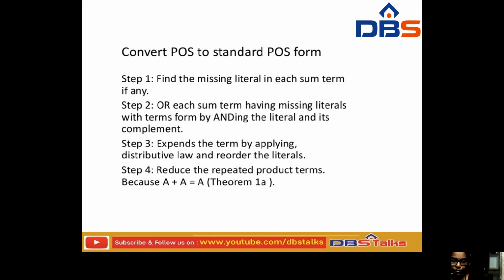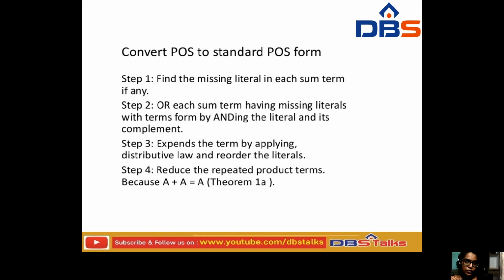See, here is how we are going to convert the product of sums to the standard product of sums form. First of all, in step 1 we have to find the missing literal in each sum term. Next, each sum term having the missing literals is combined with the term formed by AND-ing the literal and its complement.